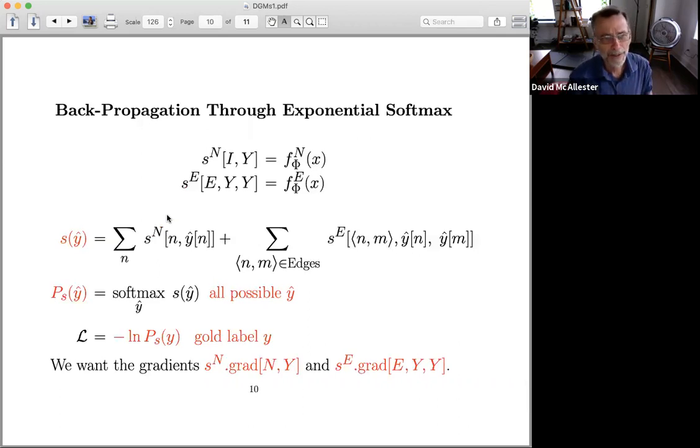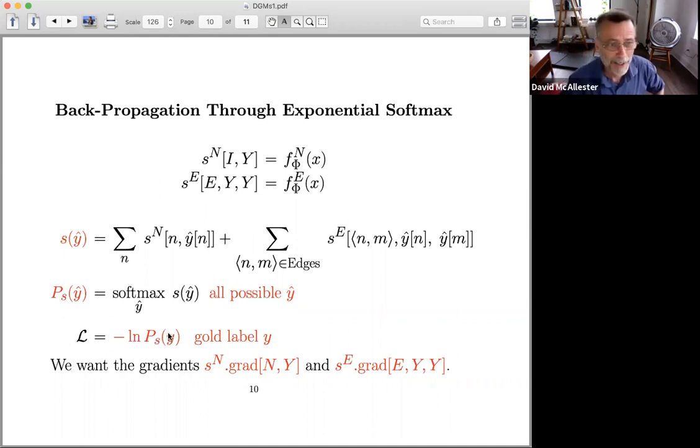So now, if we've got these tensors and we've got a gold label, what we'd like to do is compute this cross entropy loss.